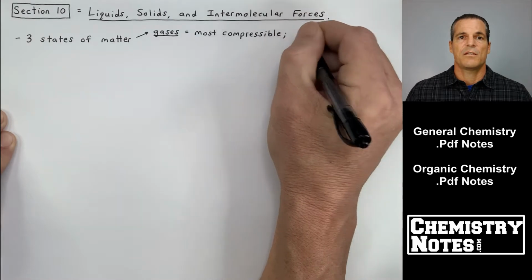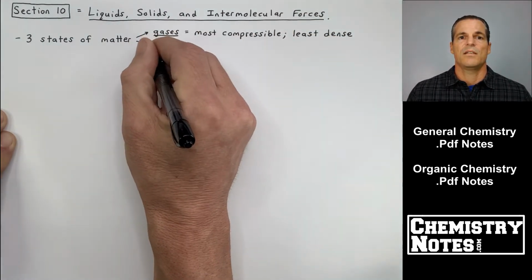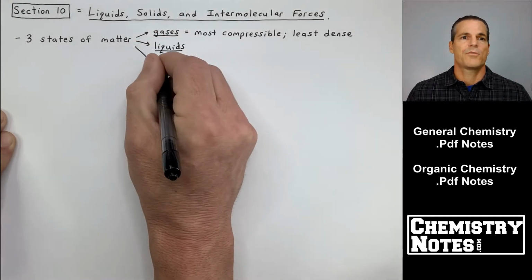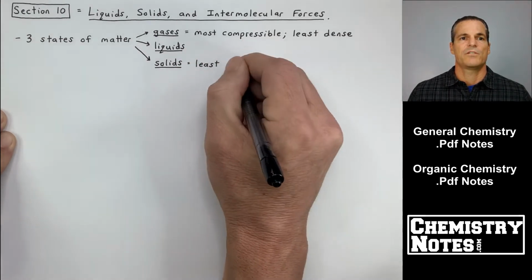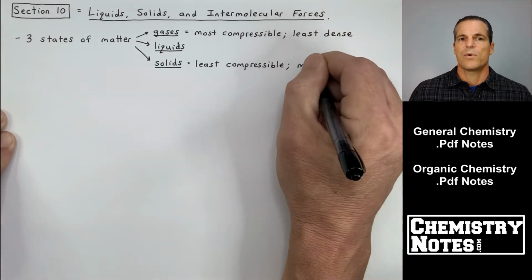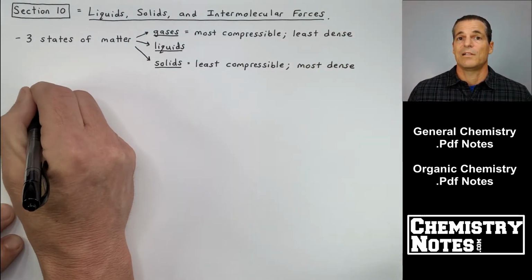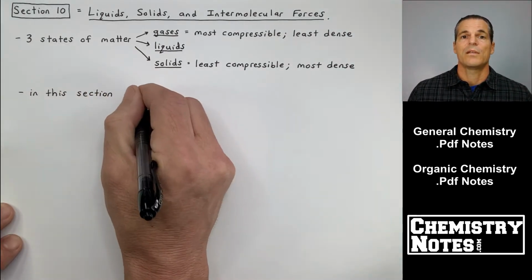So section 10 at the top of page 1 of our notes: liquids, solids, and intermolecular forces. Well, we know there are three main states of matter that we talk about in first year general chemistry: gases, liquids, and solids, with gases being the most compressible and the least dense, and solids the least compressible and most dense.